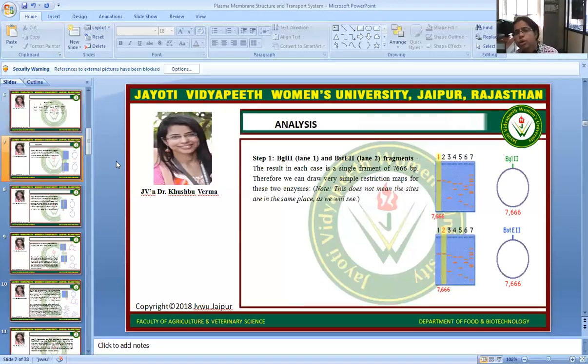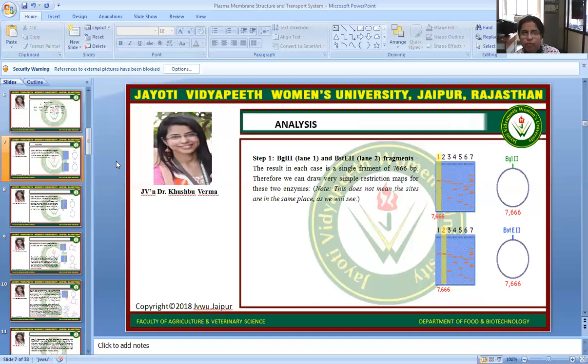Now we will go for the analysis of the digestion table, which we have seen in the previous slide. In the first step, we will analyze the BglII lane 1 and BstEII lane 2 fragments. The result in each case is a single fragment of 7,666 base pairs.